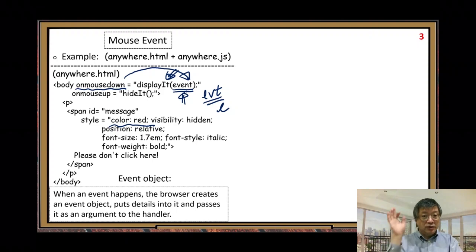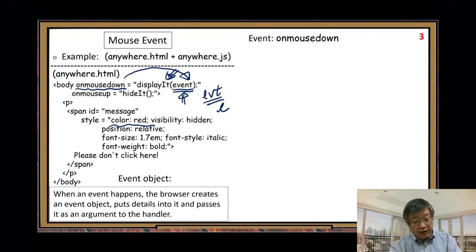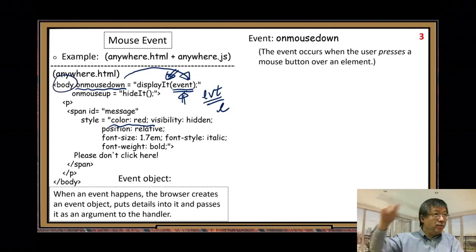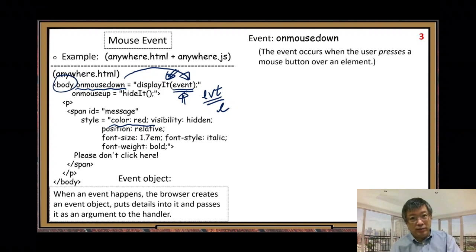So let us look at the definition. Our first event, on mouse down, occurs when the user presses a mouse button over an element, over one particular element. Here, which element? The body element. So anywhere in the page, the body element.